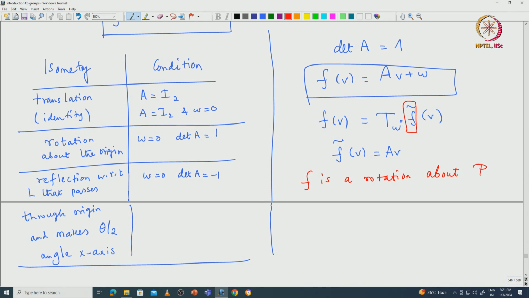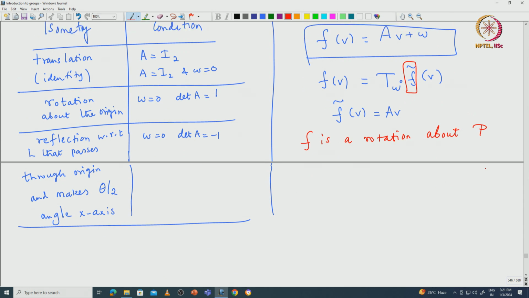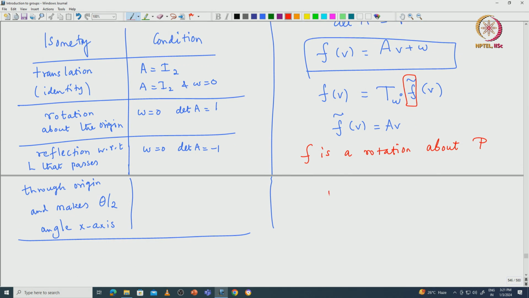Okay. So, we have to calculate what is that fixed point P, where f of P should be equal to P. So, I will leave it as exercise, you can calculate very explicitly. So, P is going to be just (I2 minus A) inverse W. Okay.